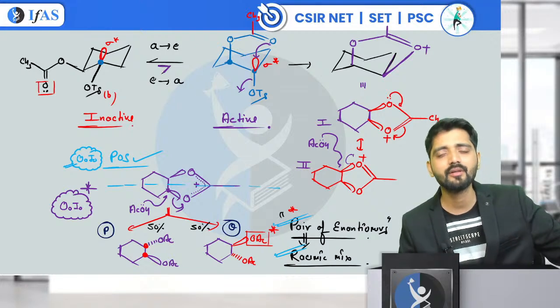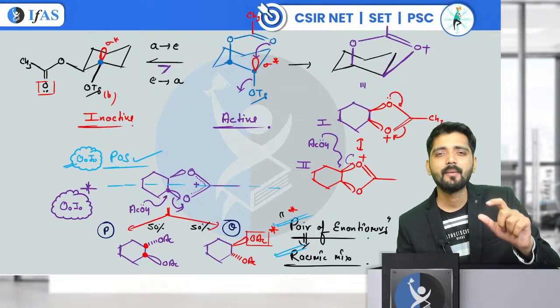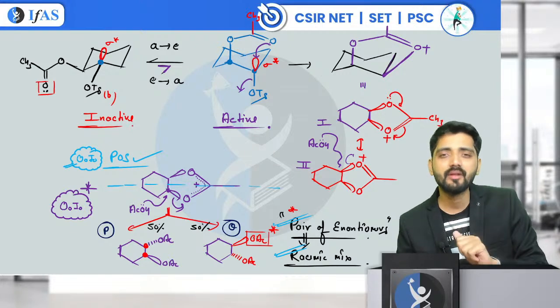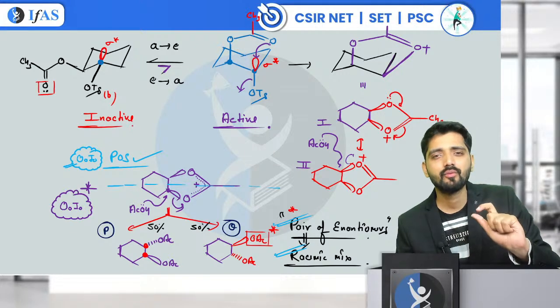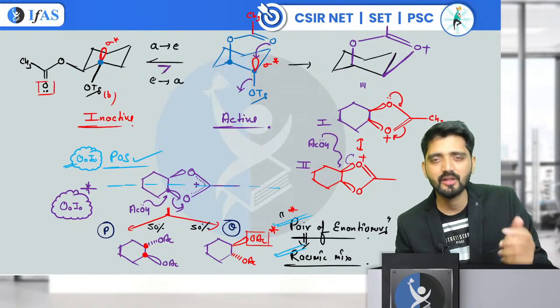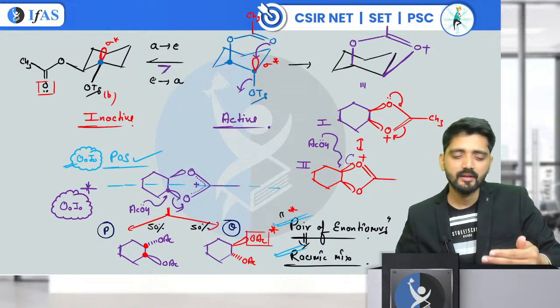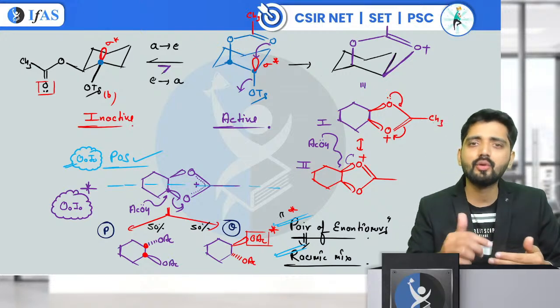I am telling you an experience of a PhD interview. One of my students, when giving an interview for TIFR, was asked, you have studied Robinson annulation, remember? She was asked what the reagent involved in the Robinson annulation is, and what reactions are involved there. So this type of question they ask. Once you explain this, they will go deeper with your answer only.